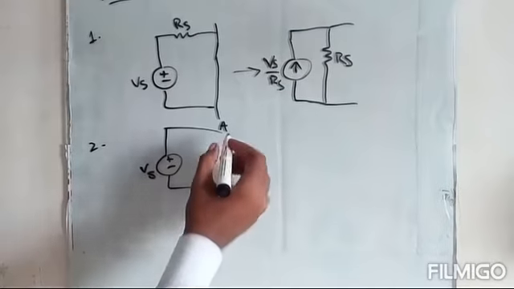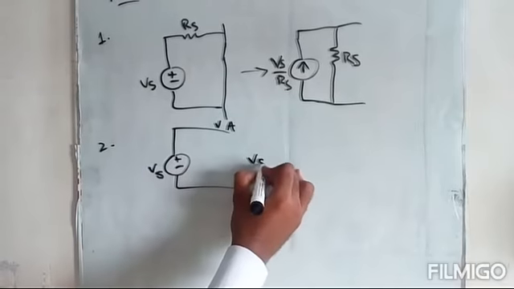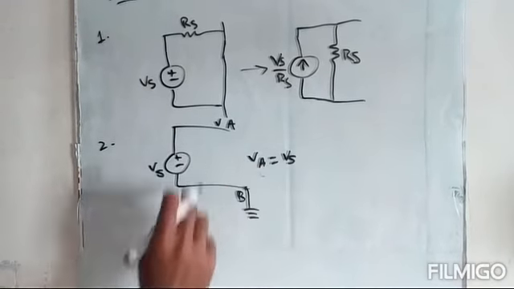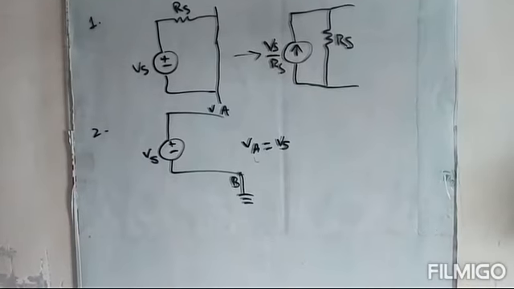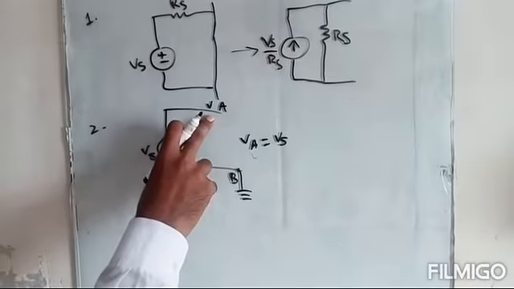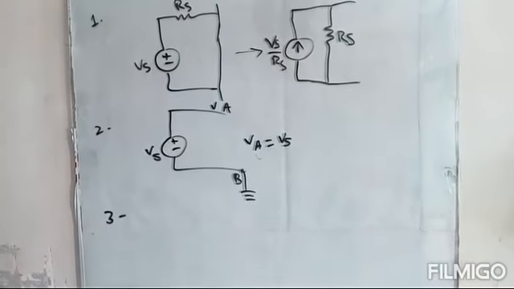We will automatically know the value of the node voltage VA due to this source, and VA will be equal to Vs. This voltage source will actually simplify our circuit, and we will not have to find the voltage at this node.